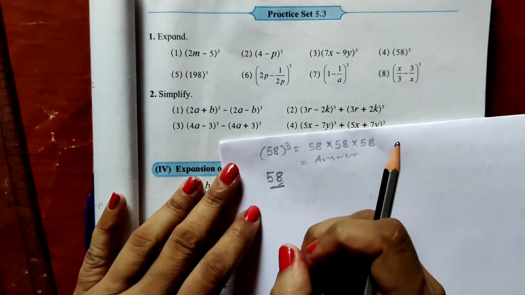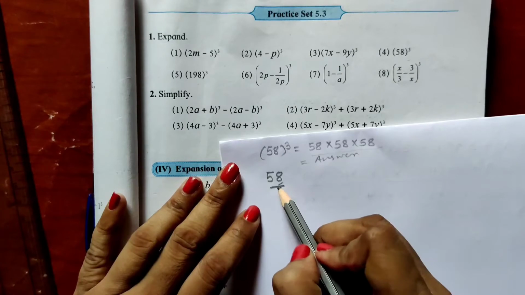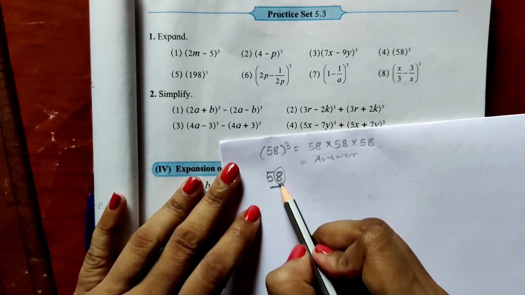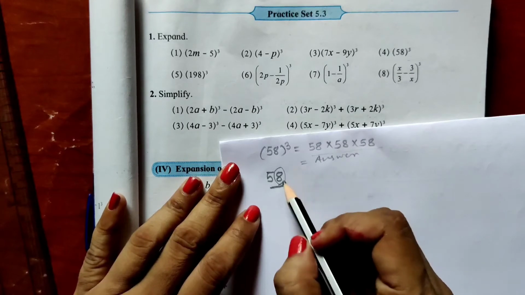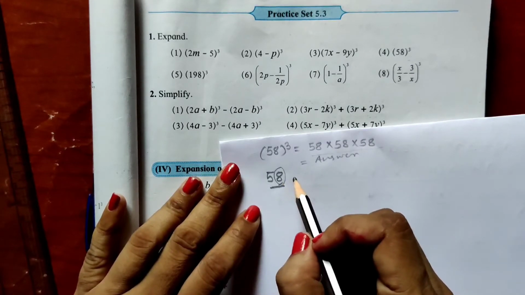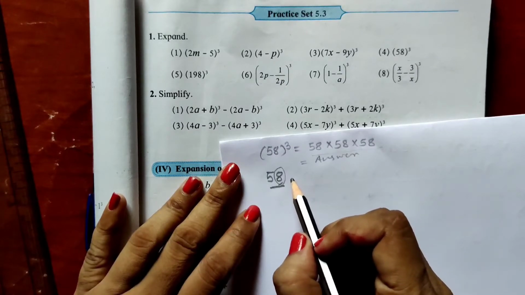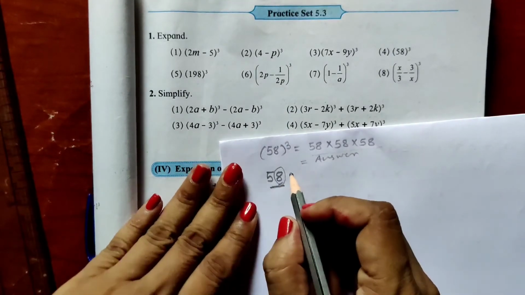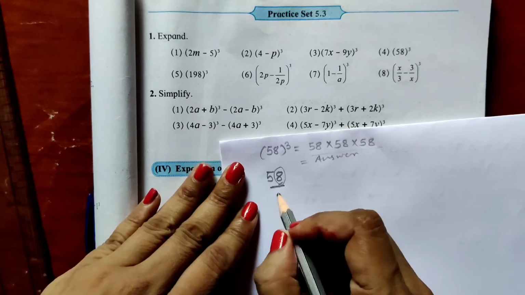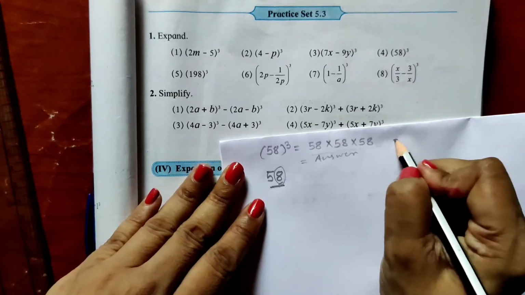Otherwise, if the unit place digit is 1, 2, 3, 4, 5, we convert it into the addition of two numbers. We can convert it into addition also, but it becomes easier if you convert it into subtraction. If you want to, you can convert it into addition also.